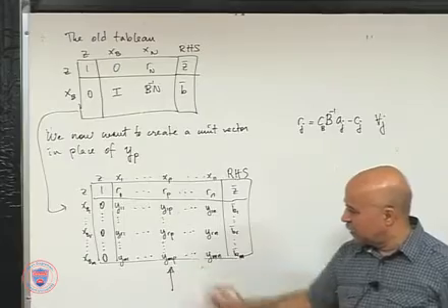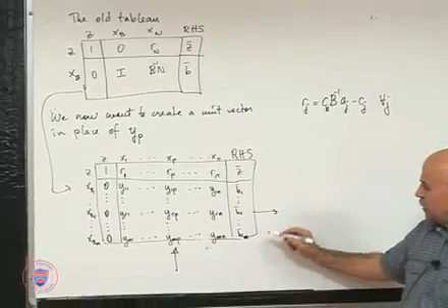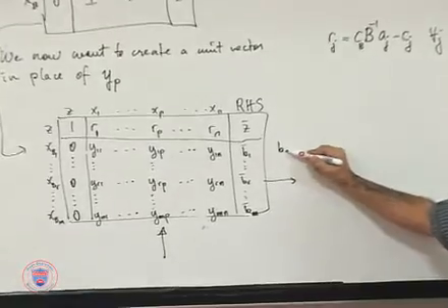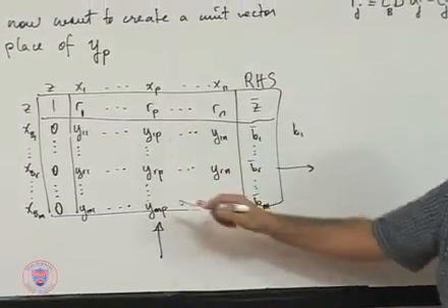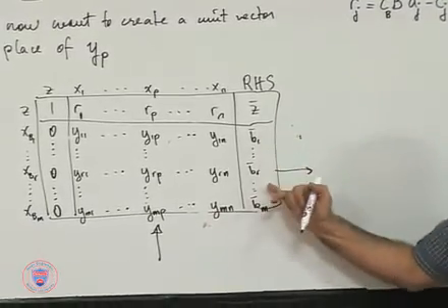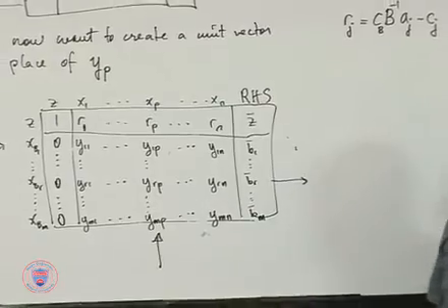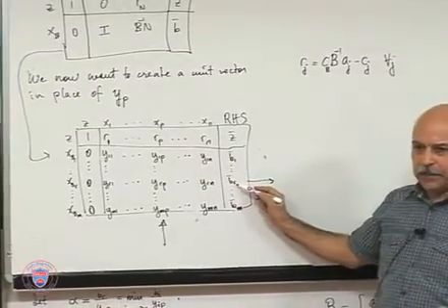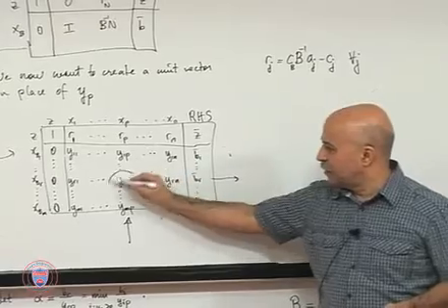We decided that this is the entering column, and we decided that this is the exiting column because of the ratios for the positive entries in this column. When you inspected the ratios of the current values on the right-hand side column to the positive numbers in that entering column, the minimizing one happened to be the rth one. Okay? So I'm not going to write down the ratios.